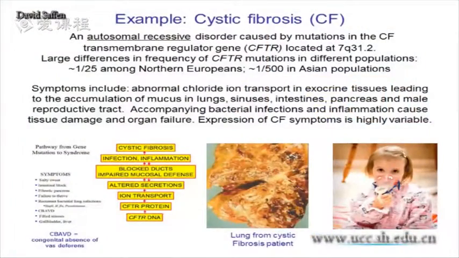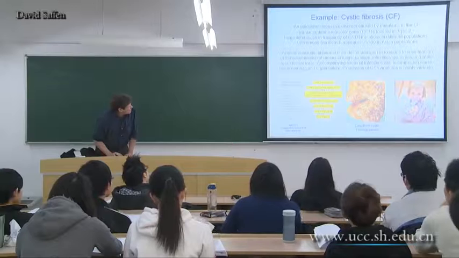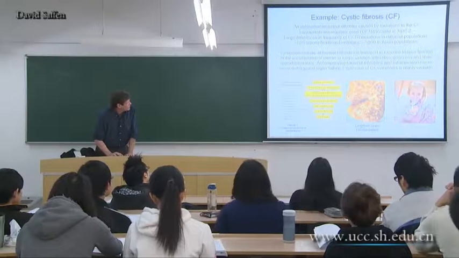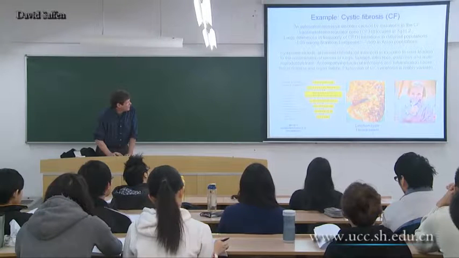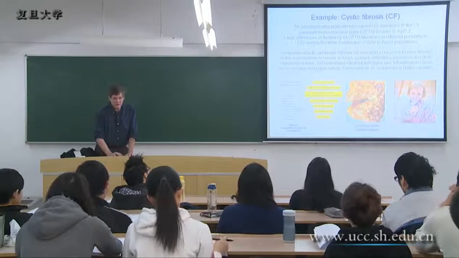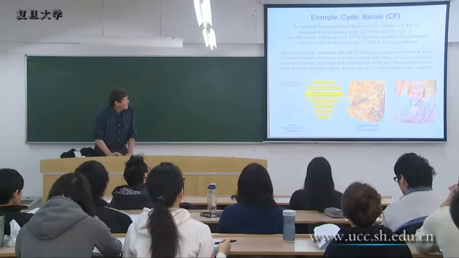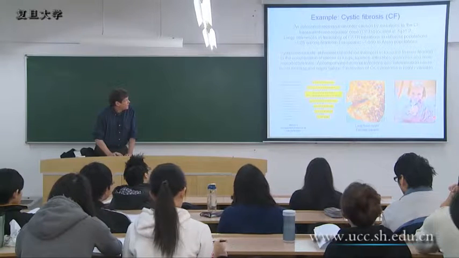Now, a famous example of a recessive disorder is cystic fibrosis. And this is an autosomal recessive. It's in a gene called the transmembrane regulator gene. This is really a chloride ion channel.